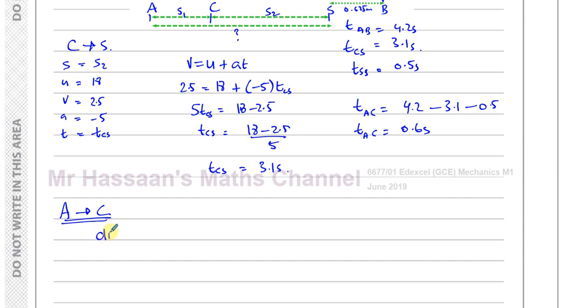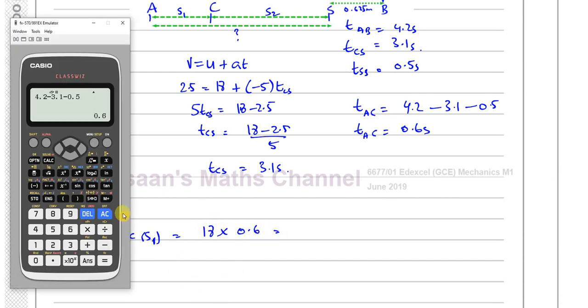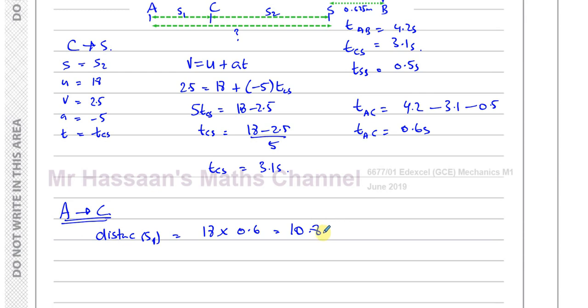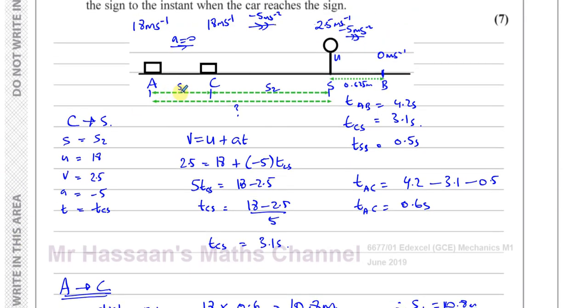The distance, which is S1, is equal to the speed times the time, which is 18 times 0.6. That's going to give you 10.8 meters. So we say S1 is 10.8 meters. So that's this distance here.